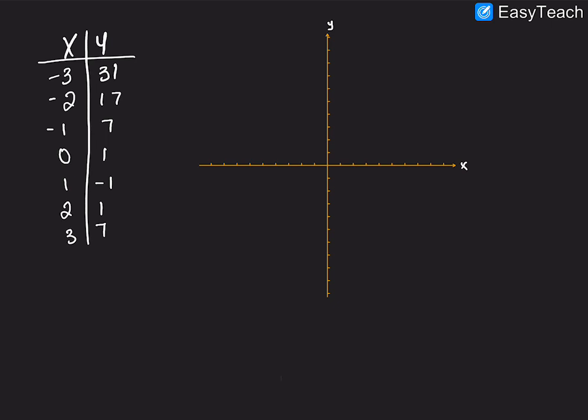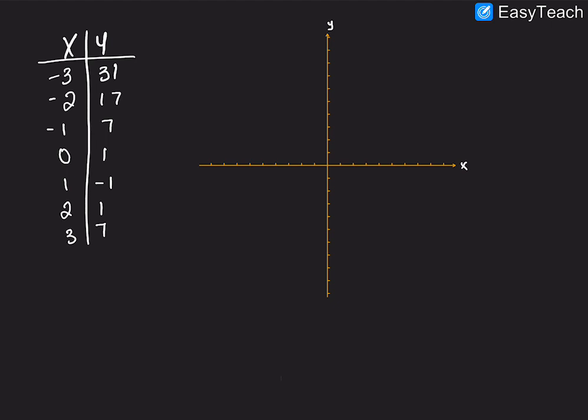You don't need to plot every single point, unless you're told to do that. So I would just skip -3 and 31. I would also skip -2 and 17. Usually, when I was learning this, my teacher said that we needed 5 points on the graph.